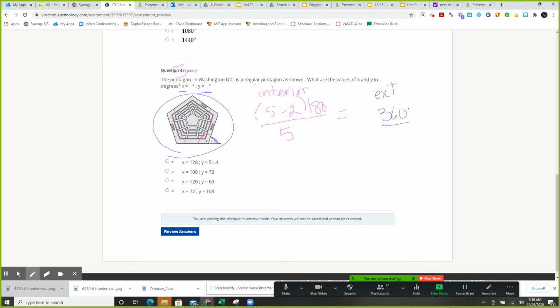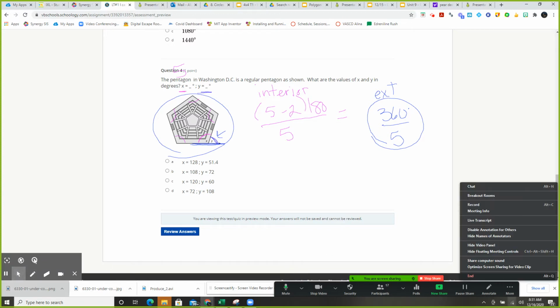So 360 divided by n, that's going to give me each exterior angle. So this guy is going to be the answer to 360 divided by 5. So if I know the pink one is 108, the blue one is 72. The other way to find that is I know they're supplementary. They add up to 180 degrees.